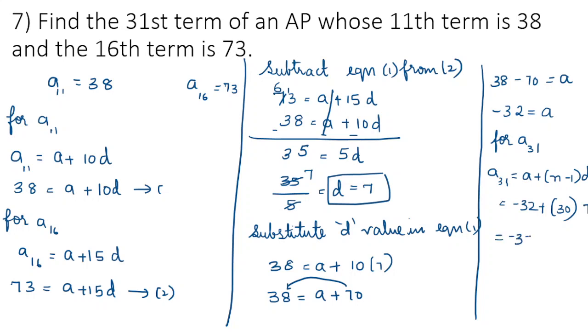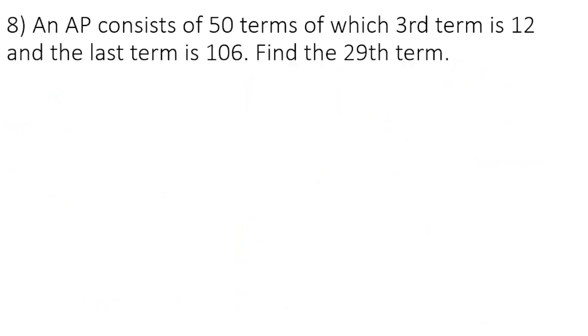So minus 32 plus 210, isn't it? So when you subtract 32 from 210, how much will you get? 178. So A31 is 178. So this is about the 7th question.